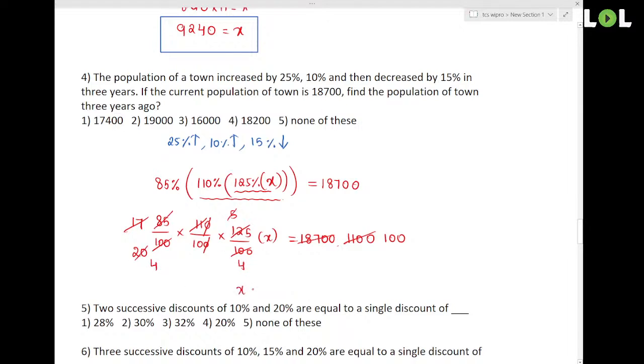In denominator, I have 4 into 4, 16. Here there is another 10, people. 4 into 4, 16. 16 into 10 is 160. 160 will go to the other side. 100 into 160, you can do it as 16,000. So this will be our final answer.